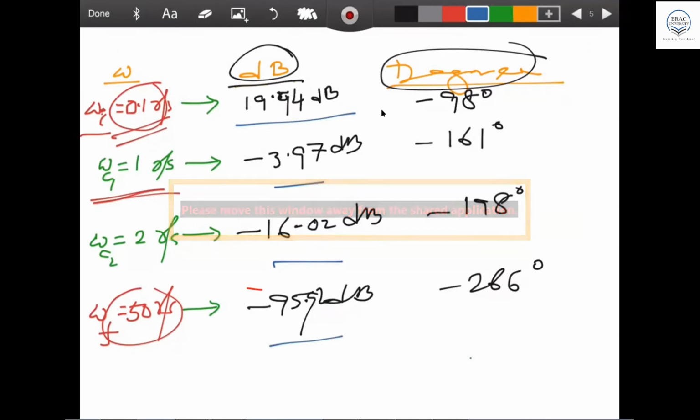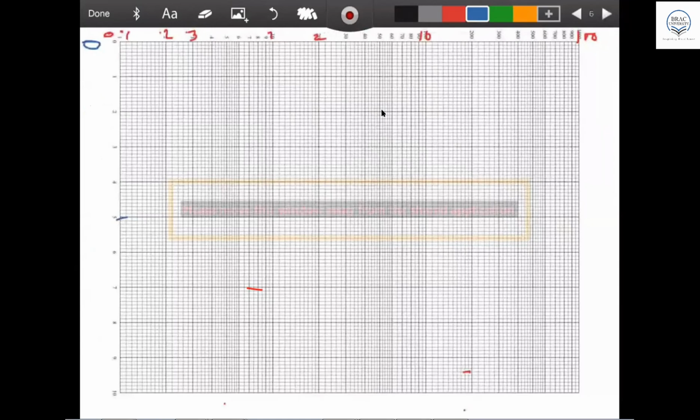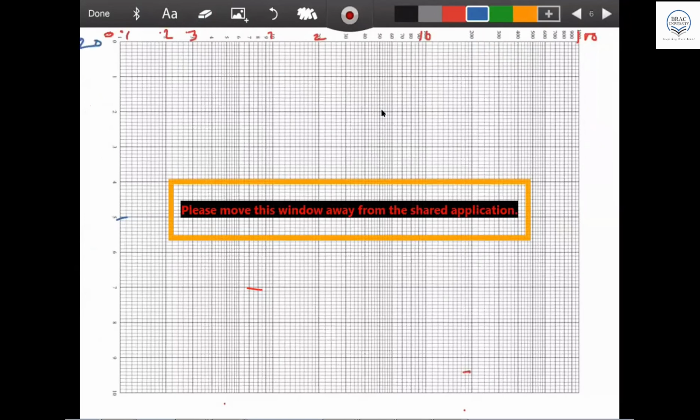It is plus 20, so our scale started from 0 and we cannot put 0 here. Rather, according to our requirement we can say this is 20 dB, meaning plus 20 dB, then this will be 0 dB, then this is minus 20 dB, then minus 40 dB, then minus 60, minus 80, and minus 100.